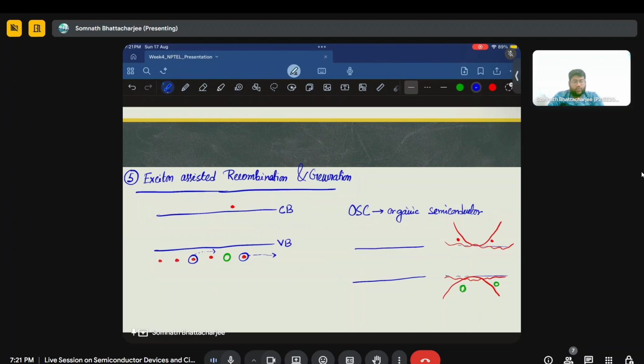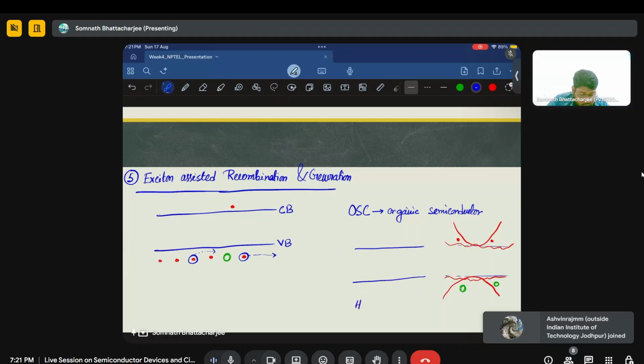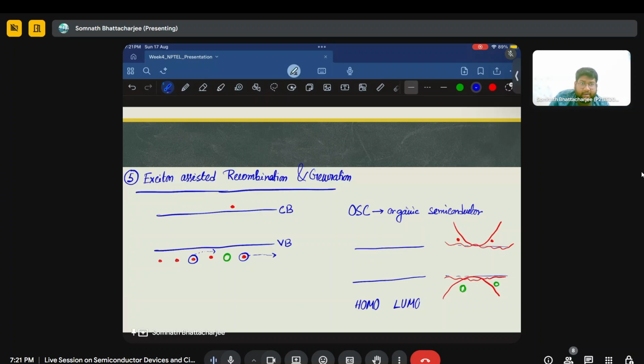Based on the molecular orbital theory of the organic semiconductors, we have two of those things, that is the HOMO and LUMO. The full form of HOMO is highest occupied molecular orbital. It has a very clear similarity with the valence band. A valence band is the highest possible state an electron can have in an equilibrium state.